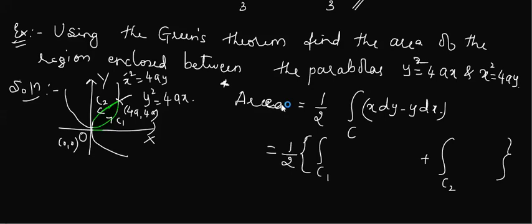Suppose a function is defined from 0 to 2 and I want to integrate. Can I write it as 0 to 1 plus 1 to 2? Is it entirely 0 to 2 only? Yes, ma'am. So using the same thing, my C is made up of two parts, so I'll write my C as C1 plus C2.